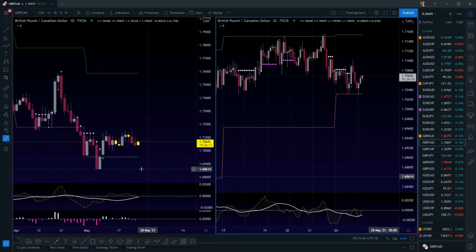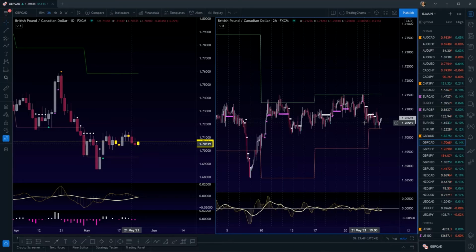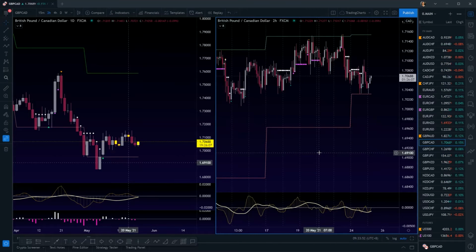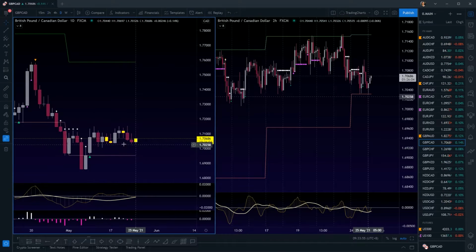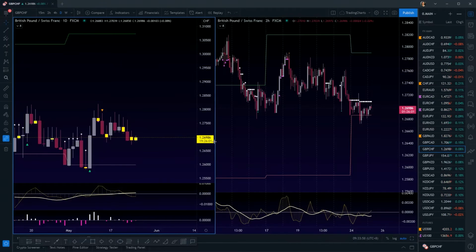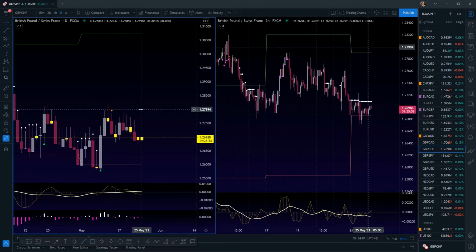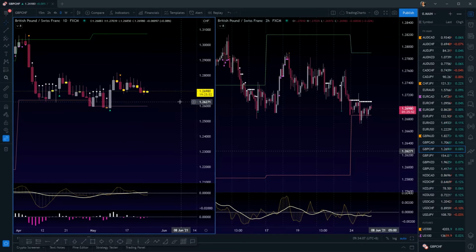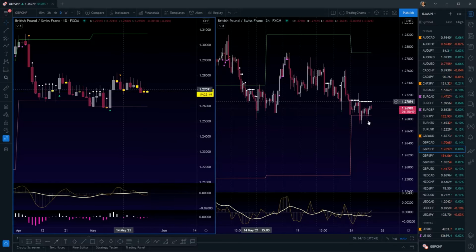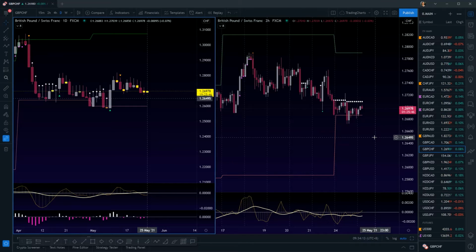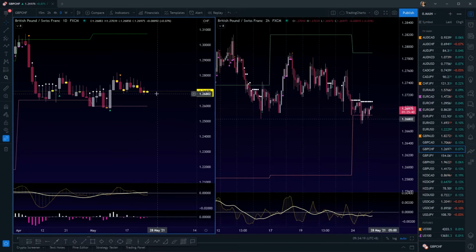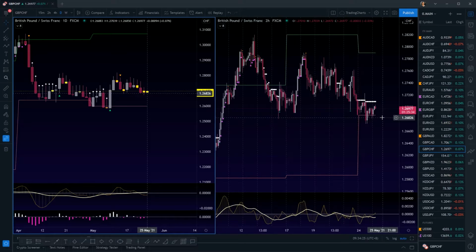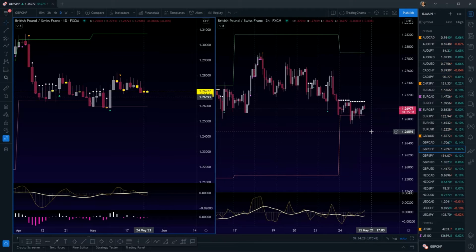British pound, Canadian. Yeah, on the daily, there's just no edge. British pounds, we see narrow range. Yeah, with this level here, this won't play nice.